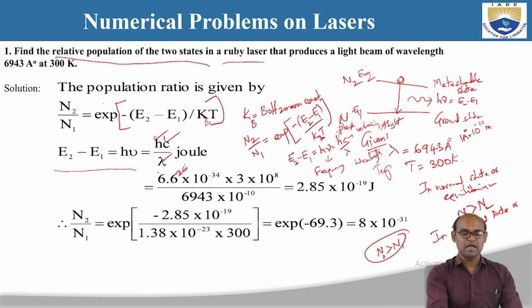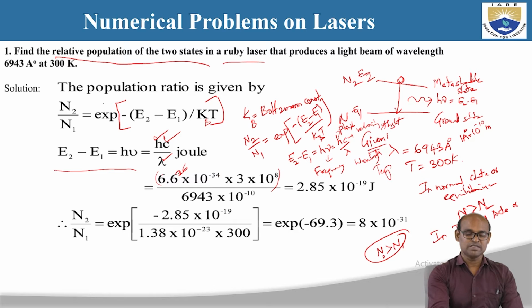First, calculate the numerator: 6.626 into 10 power minus 34 into 3 into 10 power 8. Once we calculate the numerator multiplication, then take the denominator, dividing by 6943 into 10 power minus 10.